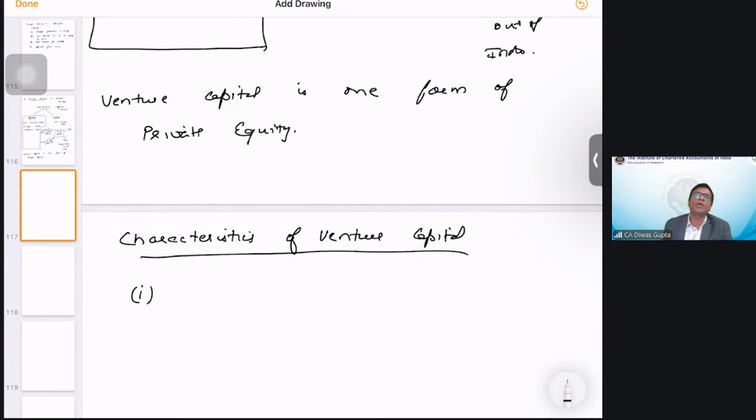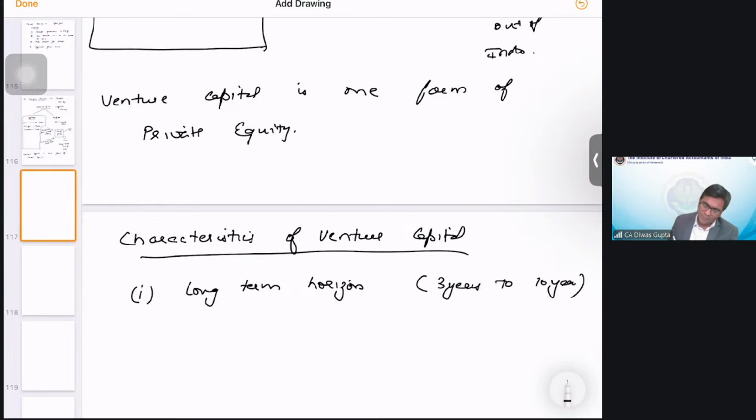They don't have a short term or a medium term. They have a long-term horizon, that is 3 years to 10 years, in which they will want to invest, grow, and exit.